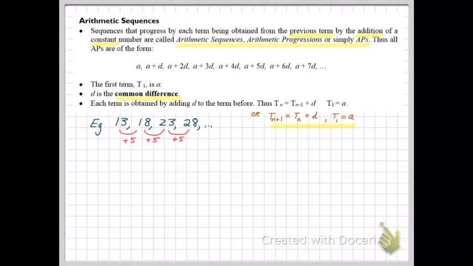Because there's a constant common difference, that tells us that it is an arithmetic progression, and we can write down the rule Tn plus 1, which I'm highlighting in yellow, is simply the previous value Tn plus 5, where the initial term T1 equals 13. When you're identifying arithmetic progressions, you can write down those three key ideas.